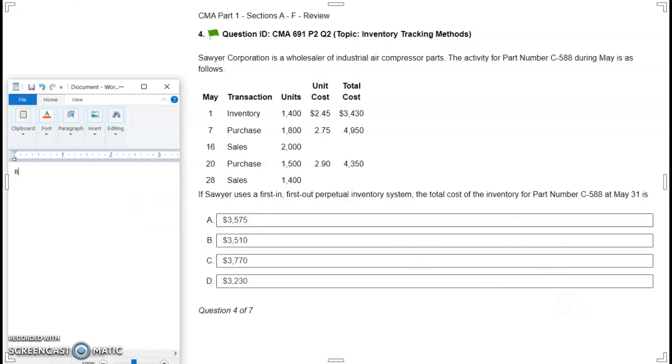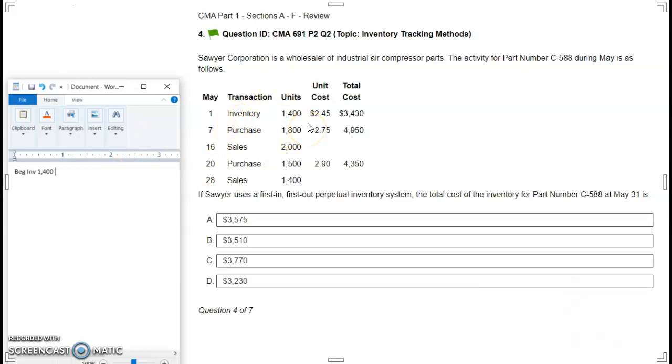So we're using first in, first out, and start with beginning inventory. They're asking for the total cost at the end of this whole set of events.